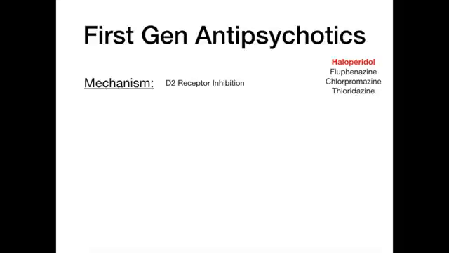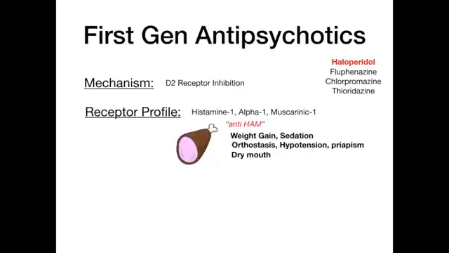The receptor profile, however, in addition to dopamine receptor inhibition, is that they block the histamine, alpha, and muscarinic 1 receptors. So they are anti-HAM1. They are anti-HAM. So the way that I remember all this is I go through each of the individual receptors. When you block the H1 receptor, you cause weight gain and sedation.